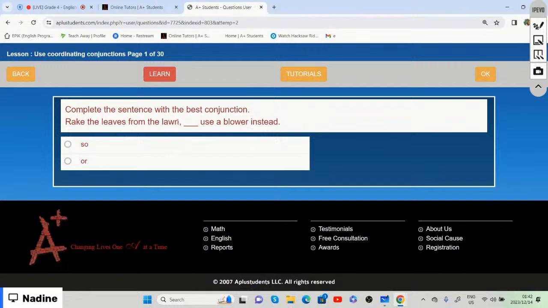All right. We need to complete the sentence with the best conjunction. Rake the leaves from the lawn. Use a blower instead. Do we say "so use a blower instead", or do we say "or use a blower instead"?